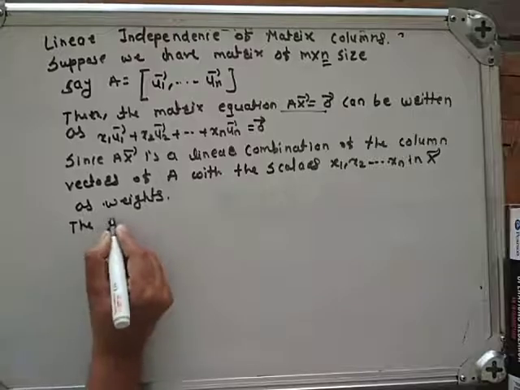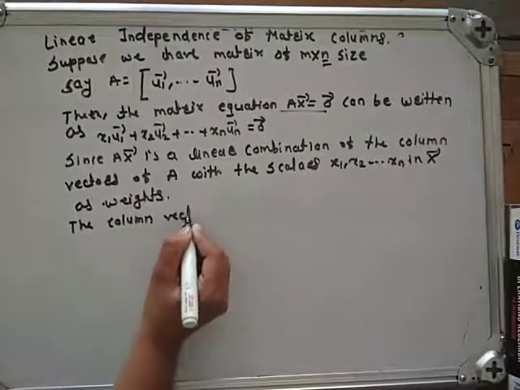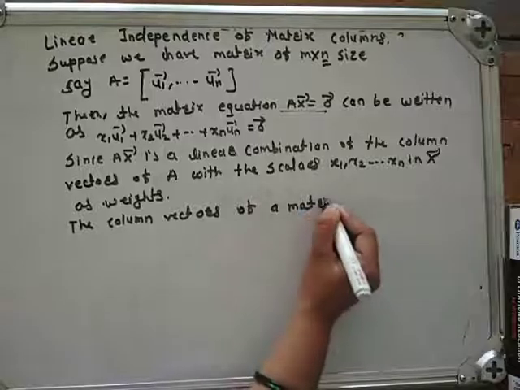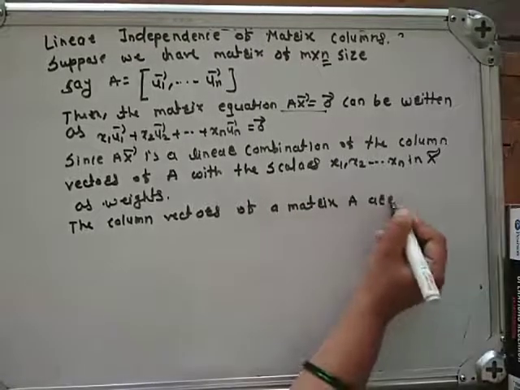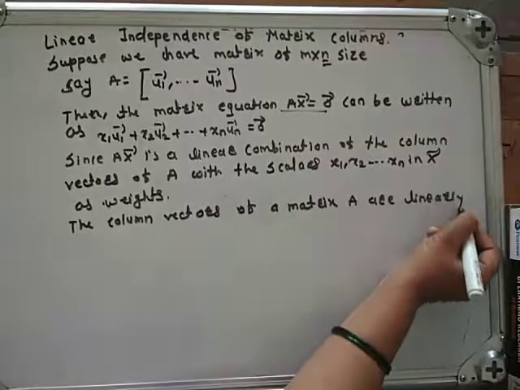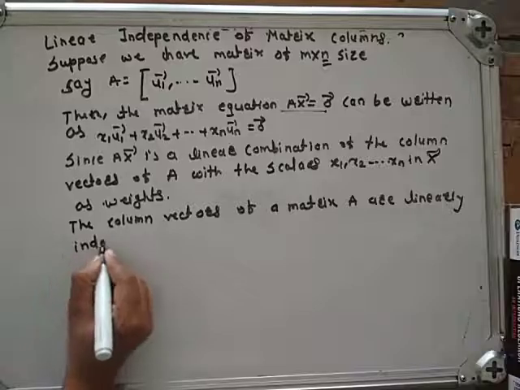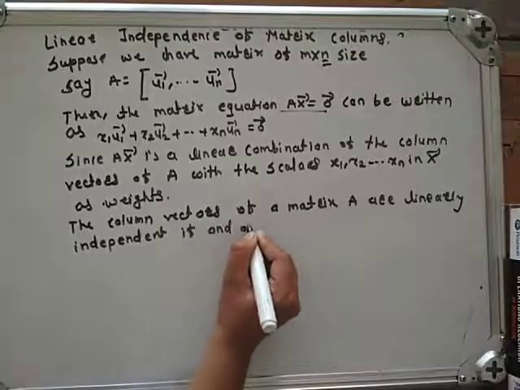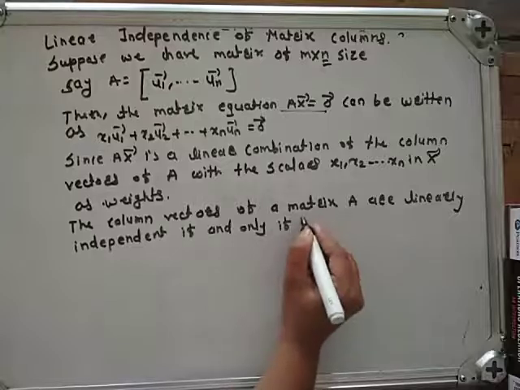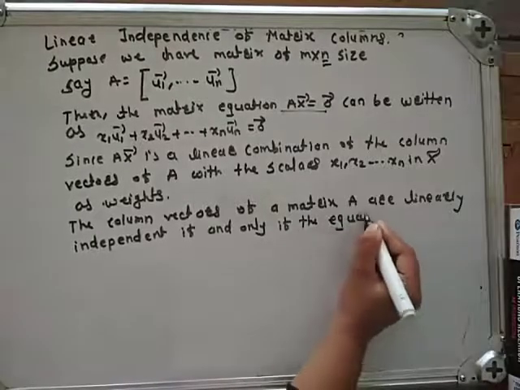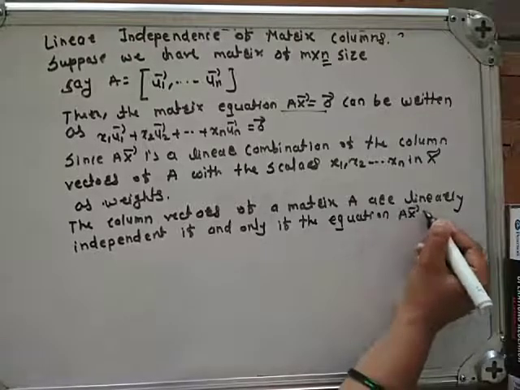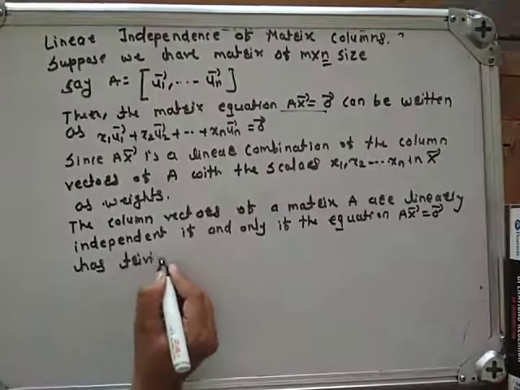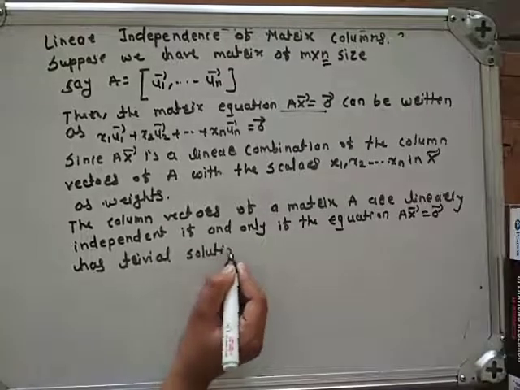That result is: the column vectors of a matrix A are linearly independent if and only if the equation A into x bar is equal to 0 bar has only the trivial solution. Okay.